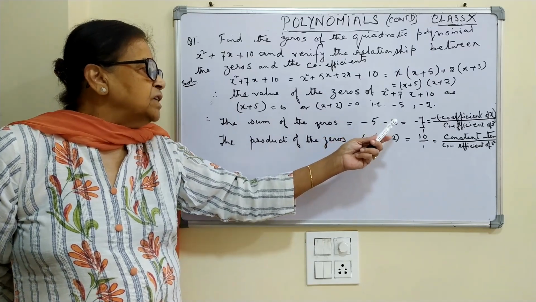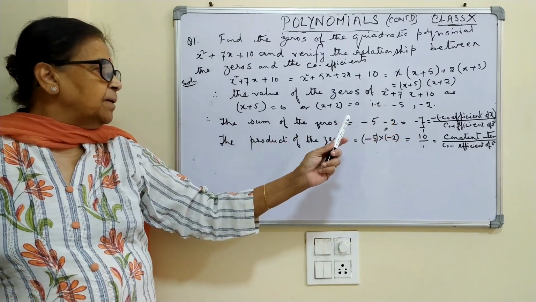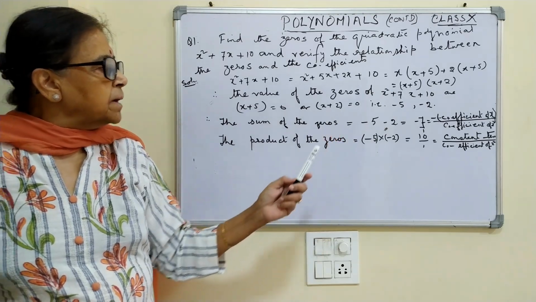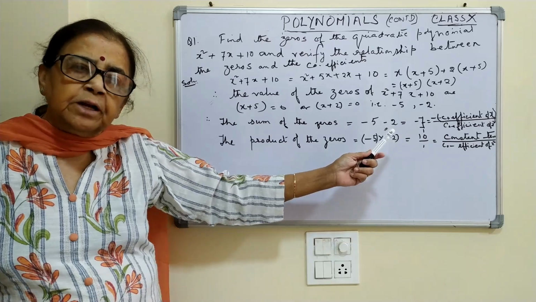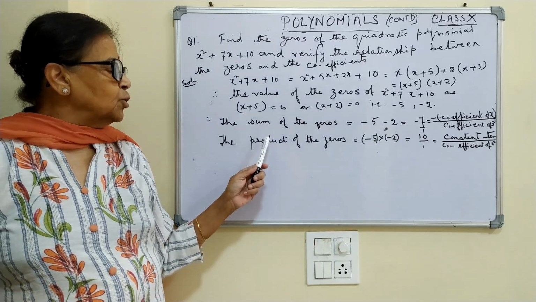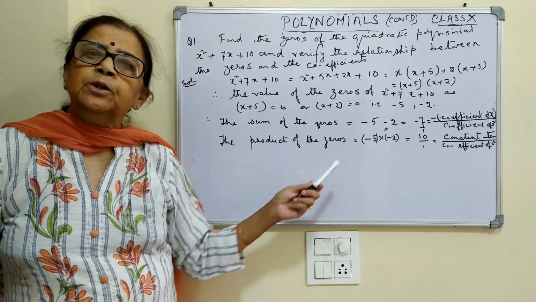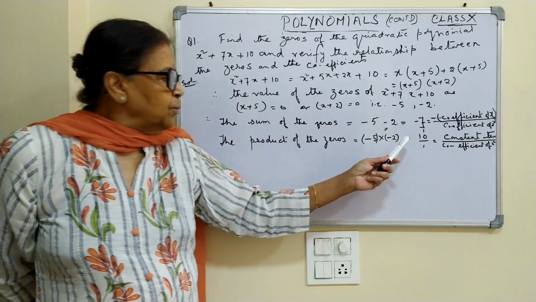Therefore it is minus the coefficient of x divided by the coefficient of x square. And the product of the zeros will be minus 5 into minus 2, that is equal to 10 by 1.